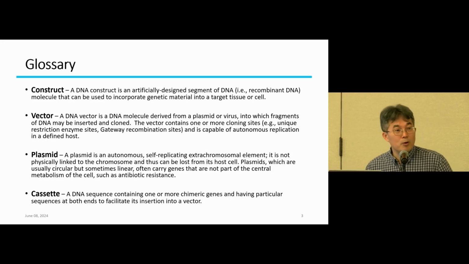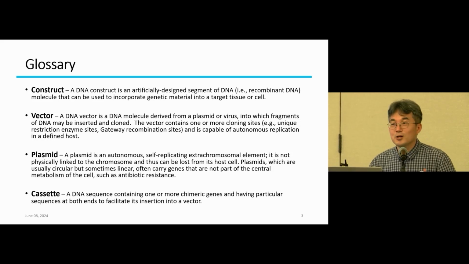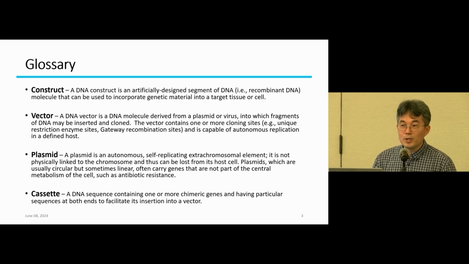Vector: we all know that without a vector, a construct cannot replicate within Agro, for instance. For cloning, we need to put your fragment into the vector, and the final product we call a construct. And plasmid, we all know the plasmid, but I will go over a little more detail after this slide.